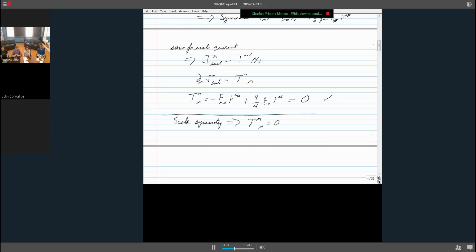Okay, so this is a slight diversion here because the scale current in general is not just the trace of the energy momentum tensor, but if you do the improvement, the usual statement that you see is that scale symmetry implies that the energy momentum tensor is traceless. This improvement works for photons and for fermions.